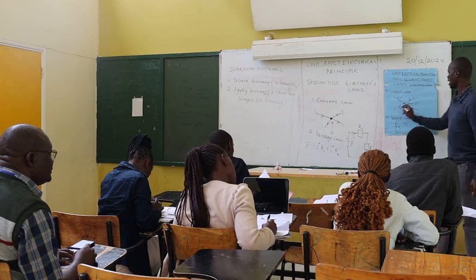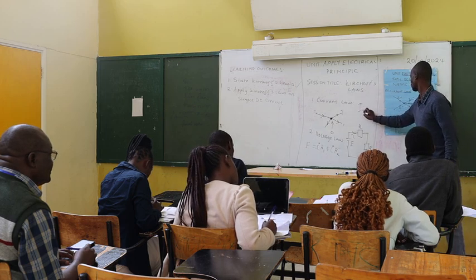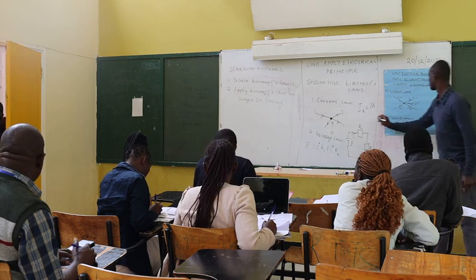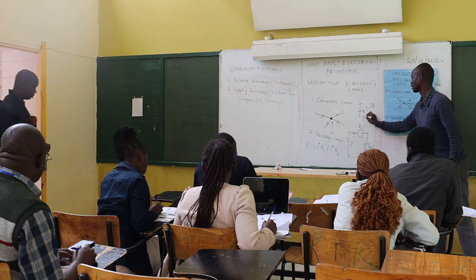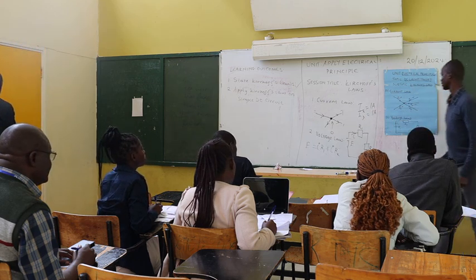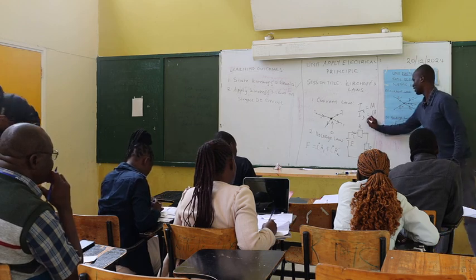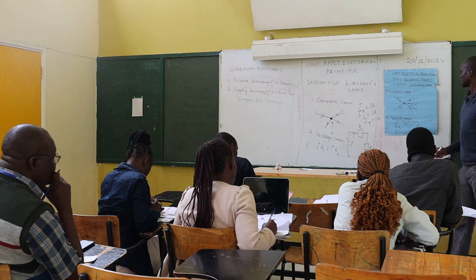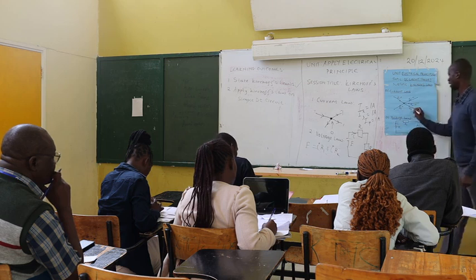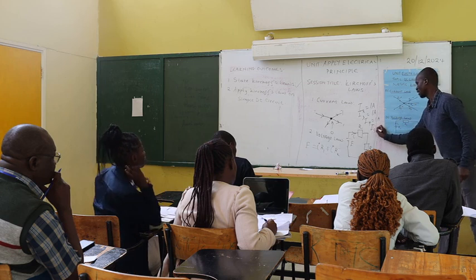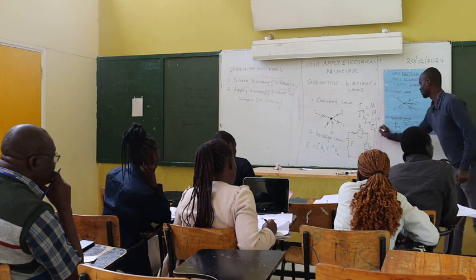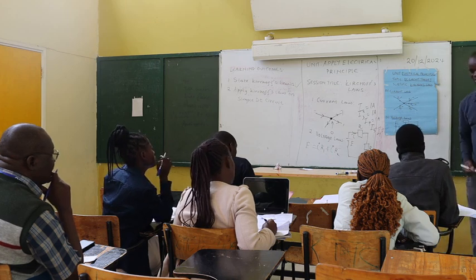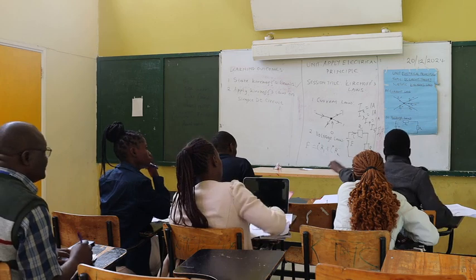So if I2 is 1 ampere, I3 is 1 ampere, and I4 is also 1 ampere, you are supposed to get I5, given I1 is also 1 ampere.